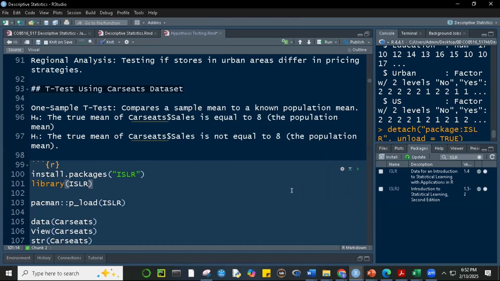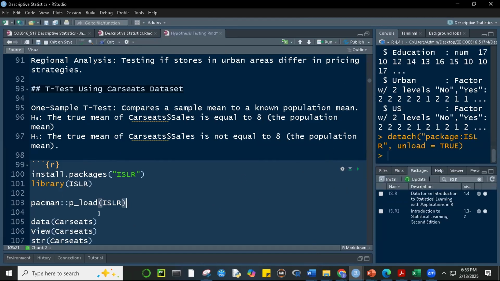Or you can make use of another way, this Pacman, but you have to make sure that Pacman is installed. You have to install Pacman first, and then you can make use of the function p_load, and then ISLR. That's what we need.